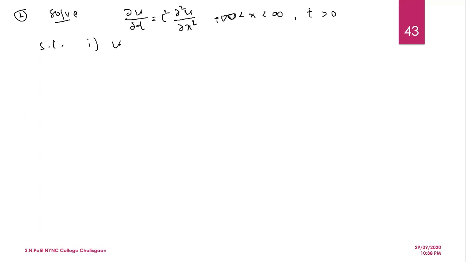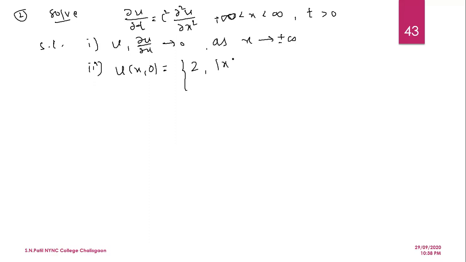First condition, u and ∂u/∂x tend to 0 as x tends to plus minus infinity. And the second condition is the initial condition, u(x, 0) = 2 for modulus of x less than 1 and 0 for modulus of x greater than 1. Okay, now let us solve the problem.